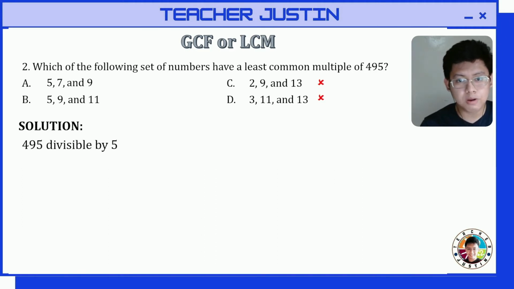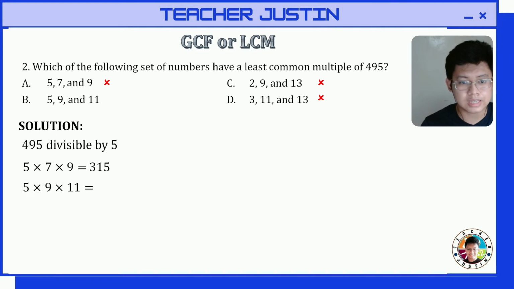So, para makuha natin yung least common multiple, let's multiply 5, 7, and 9 and see if it will be equal to 495. So, multiply natin 5 times 7 times 9. So, it will be equal to 315. So, since hindi siya equal to 495, then we will cross this out. Hindi siya nag-satisfy.